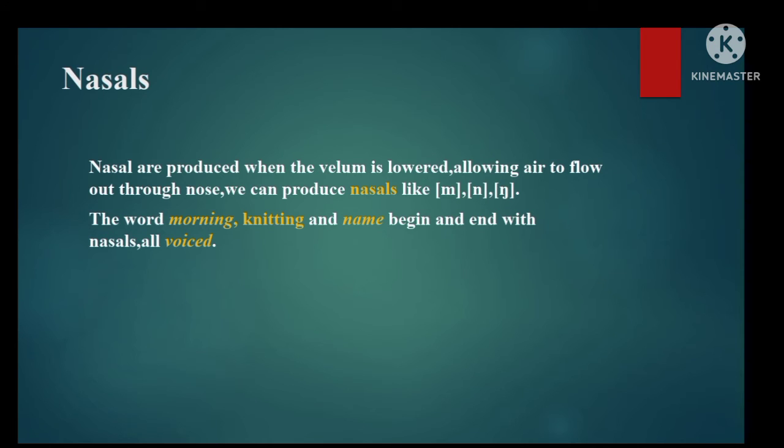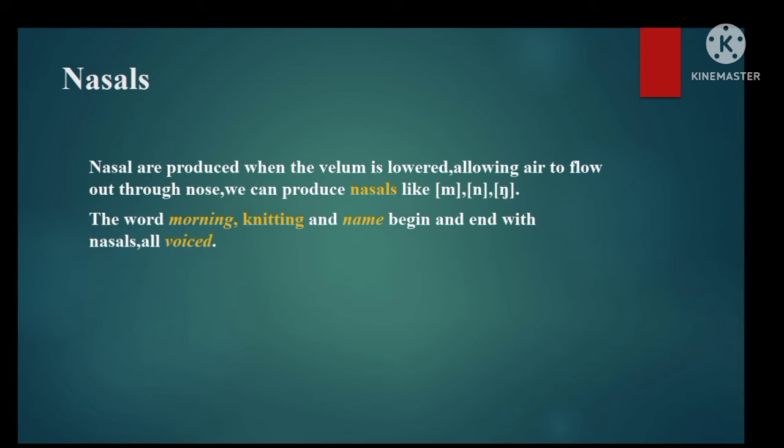Nasals. Nasals are produced when the velum is lowered, allowing air to flow out through the nose. We can produce nasals like m sound, n sound, and ng sound. What is the difference between oral cavity and nasal cavity? Oral sounds are those sounds in which the airflow is passing through the mouth, and for nasal sounds, you will notice in the next picture that airflow is passing through the nasal cavity.